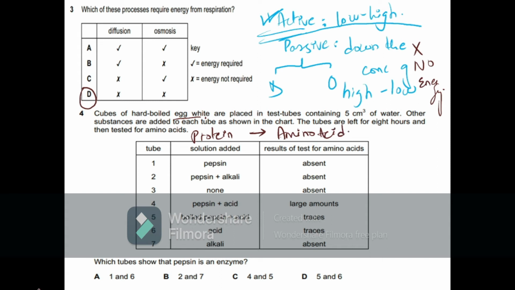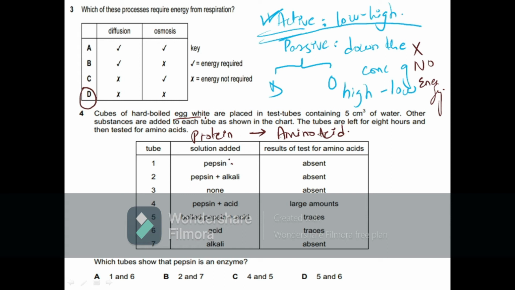Okay. Which tube shows that pepsin is an enzyme? So the question is, cubes of hard-boiled egg white are placed in test tubes containing 5 cm cube of water. Other substances are added to each tube as they are mentioning here. In tube 1, they are adding pepsin, which is the enzyme, and this enzyme should convert protein into amino acid.